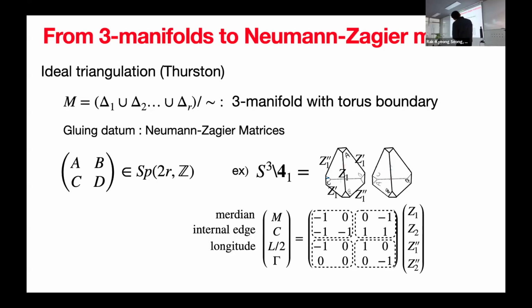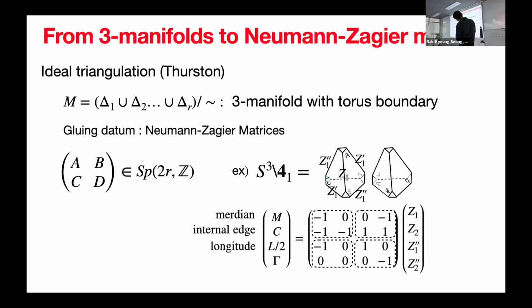And then we can assign some symplectic matrices given by these Sp(2r,Z) matrices. Here A, B, C, D are r times r block matrices, and r is the number of tetrahedra. I'm not going into detail, but there is a certain way to construct these ABCD matrices from the given ideal tetrahedra. For the figure-eight case, it can be glued in this way.